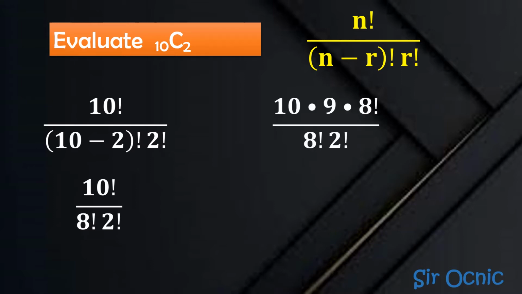Expanding the numerator, that is equal to 10 times 9 times 8 factorial all over 8 factorial times 2 factorial. Cancelling the common factor, which is 8 factorial, we will have 10 times 9 equals 90 all over 2 factorial, which is equal to 2. 90 divided by 2 is equal to 45.